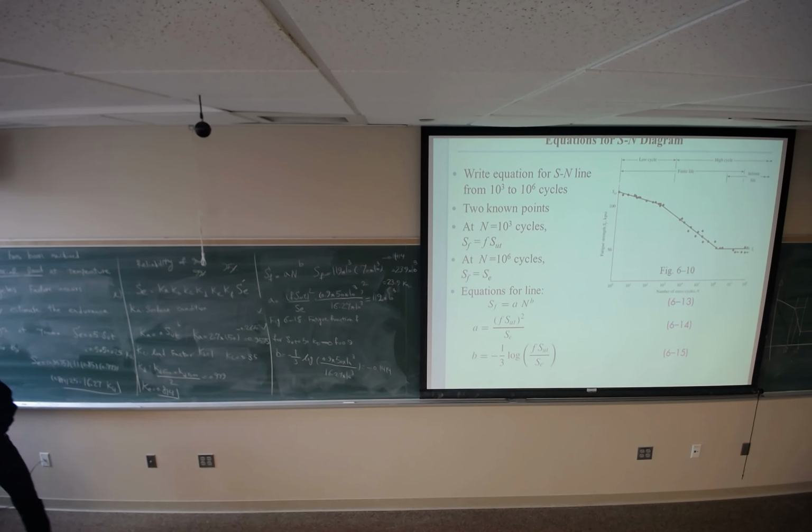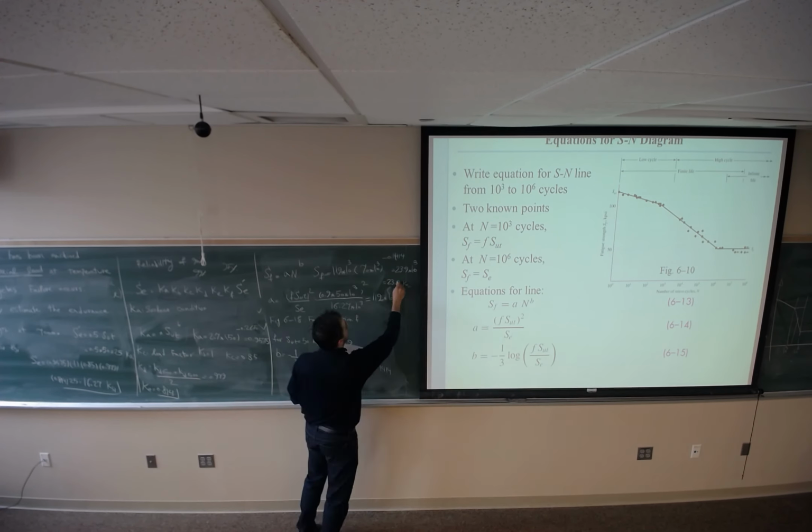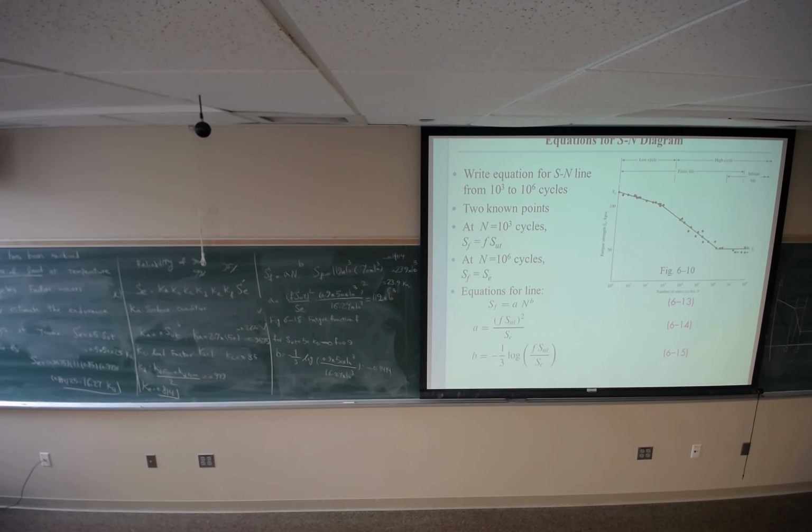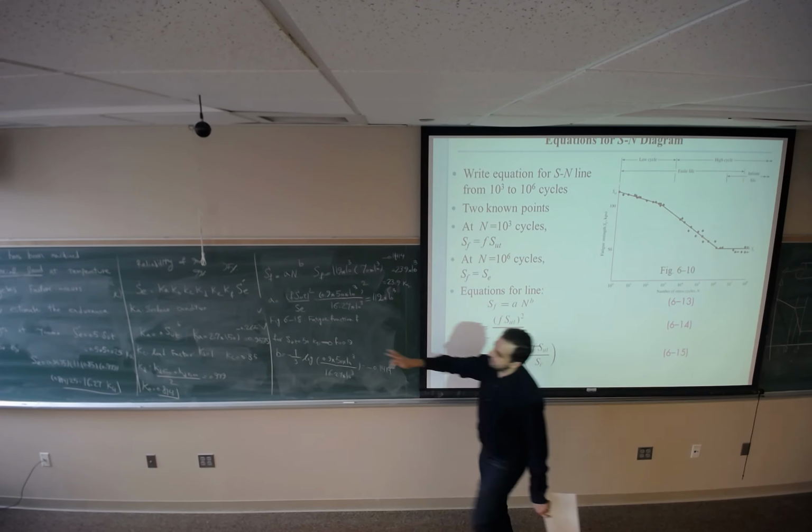So for this number of cycles, the fatigue strength is going to be this. If I gave you the area of the cross section, you could find the load applied, because we know it's going to fail at this number of cycles.